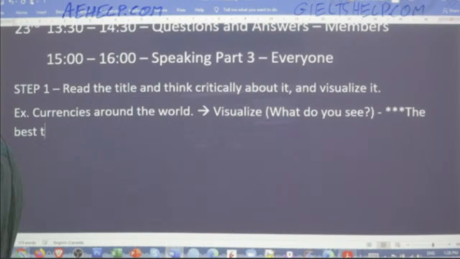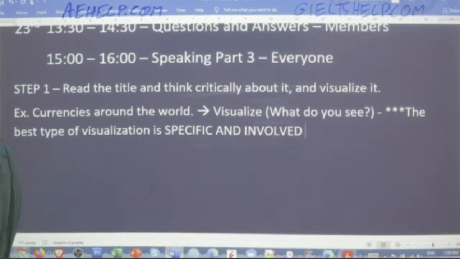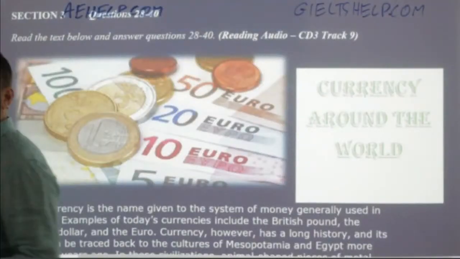So the best type of visualization is specific. Let me do this as capitals. Specific and involved. Okay, so you're seeing all different kinds of money around the world. Not so effective. You want to be a little bit more effective than that.